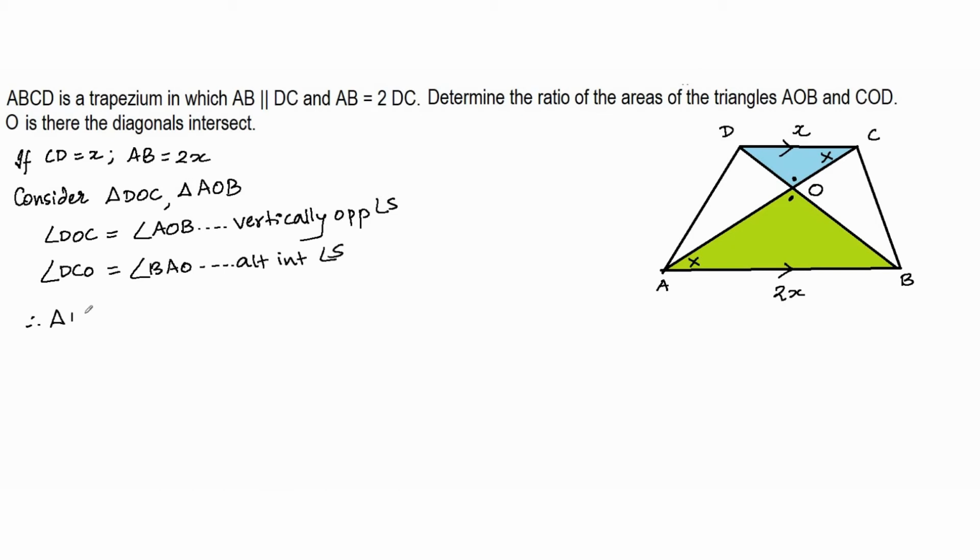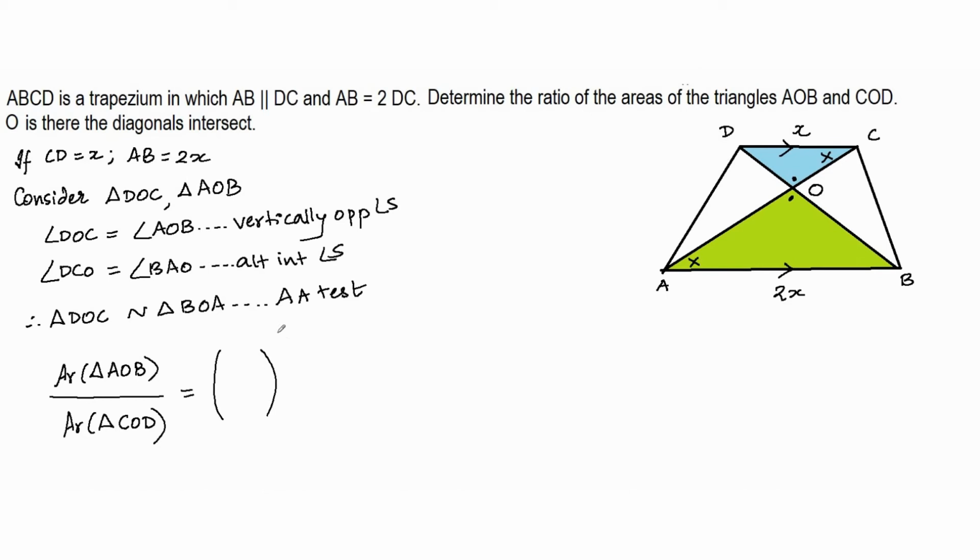And therefore, triangle DOC is similar to triangle BOA by the AA test of similarity. Now the ratio of these areas, so therefore area of triangle AOB divided by area of triangle COD is equal to the square of the ratio of corresponding sides. So I wish to take the sides AB and CD because that relation is known.